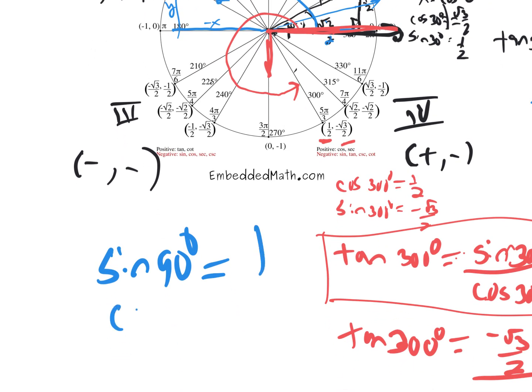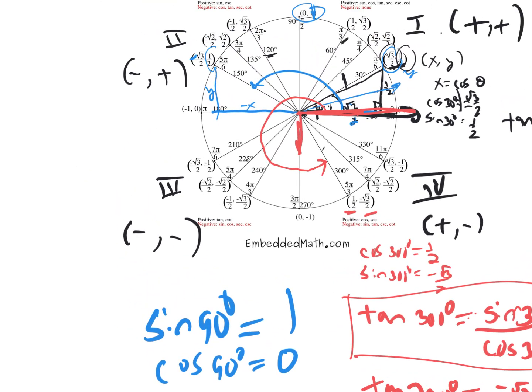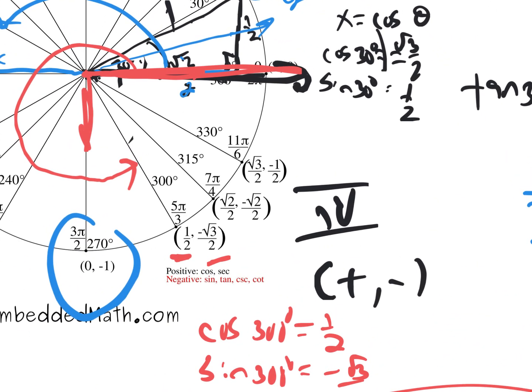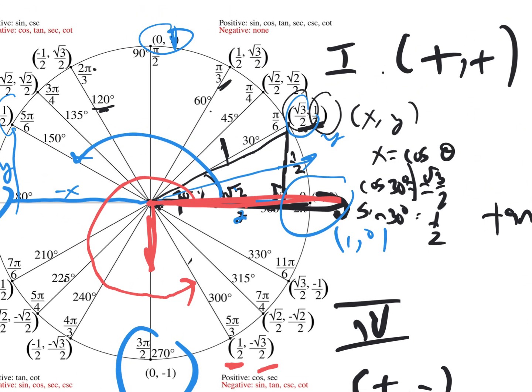That means the cosine of 90 had to be 0. So you do that for all 4 of these points that are on the axes. Even for the 0, I think I lost it now that I wrote all over it. But it's in there somewhere. It was 1, 0. And then there's my 0, 1 way up here.